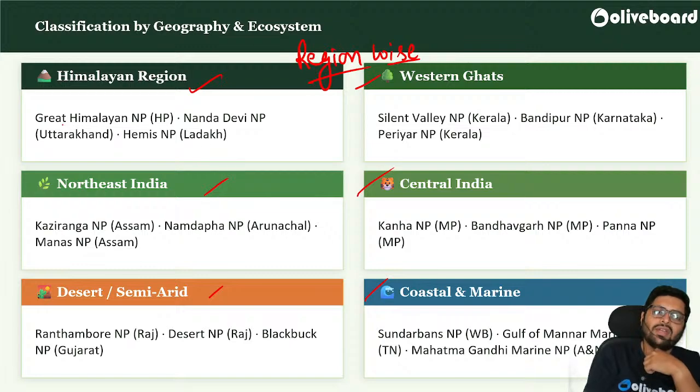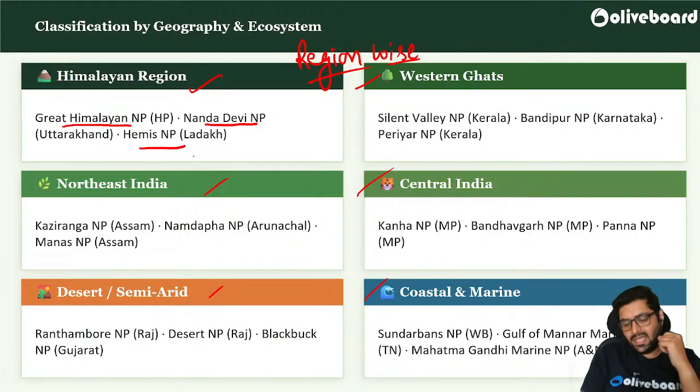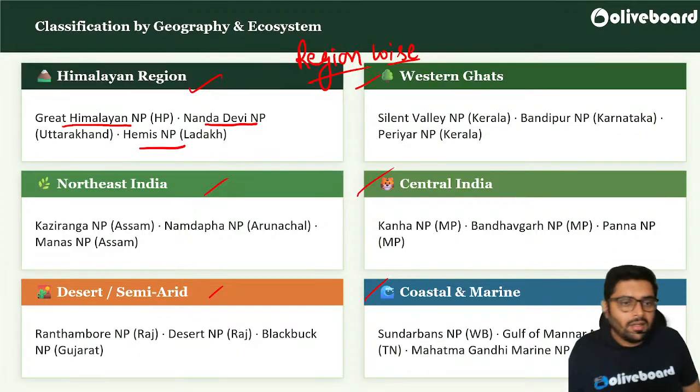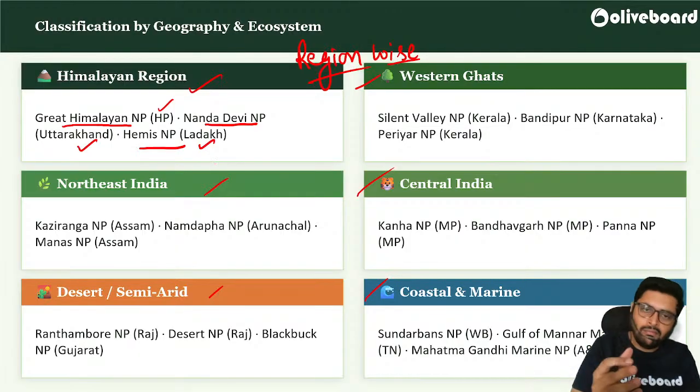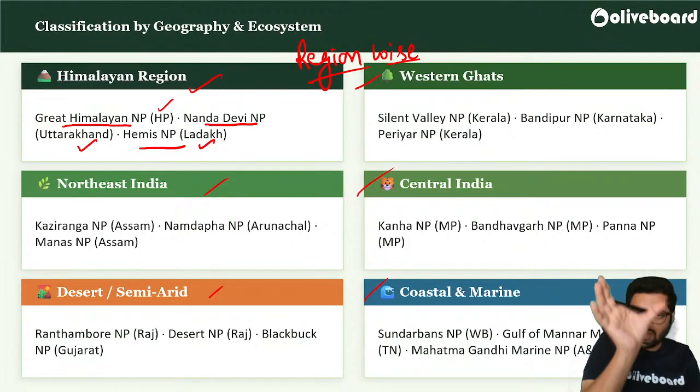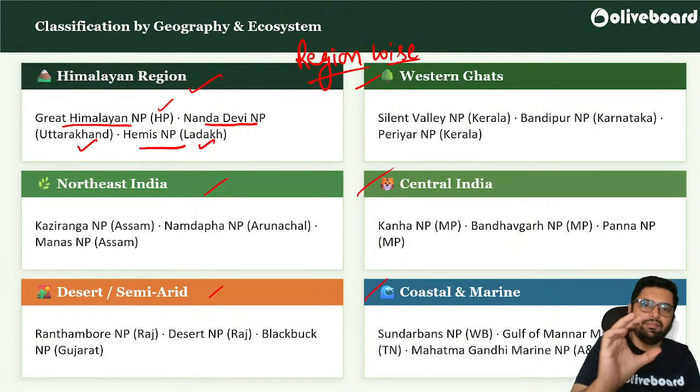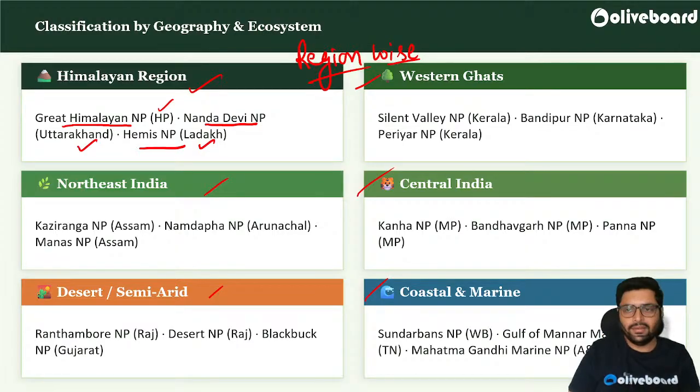In the Himalayan region, we have Great Himalayan National Park, Nanda Devi National Park, and Hemis. Hemis is the largest. Correct? Remember, Hemis is the largest. Great Himalayan National Park is in Himachal Pradesh, Nanda Devi in Uttarakhand, and Hemis is in Ladakh. There are many of them. I have just brought a one shot list, the basic, most important, famous ones.